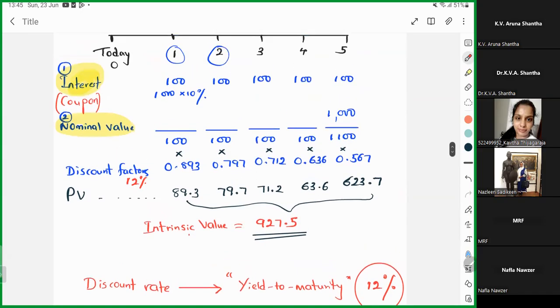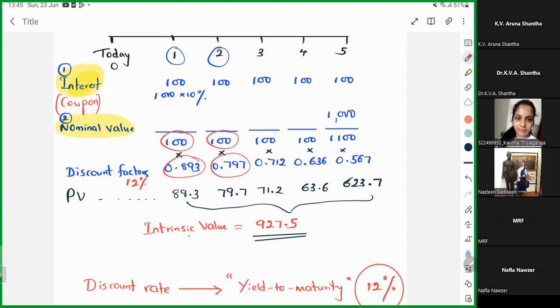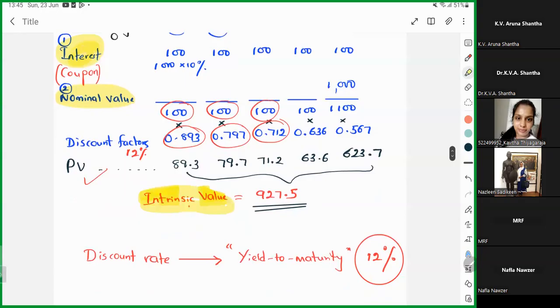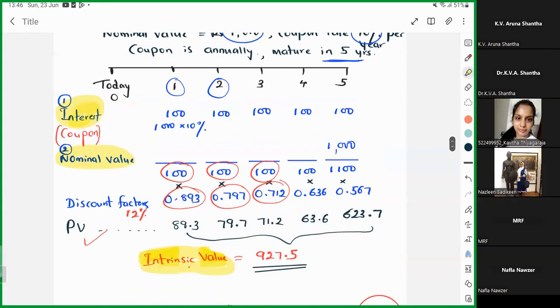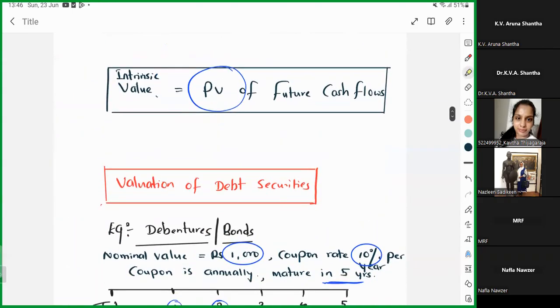Then cash flows multiplied by the discount factors give you the present value. The total of the present values is the value of a debenture, technically called the intrinsic value. This is how you apply this valuation model: value equals the present value of future cash flows.